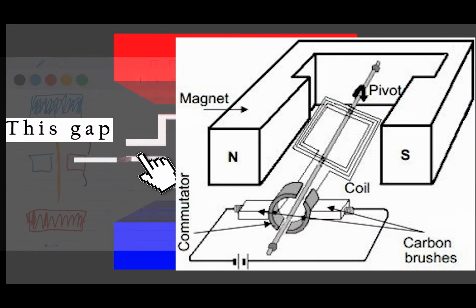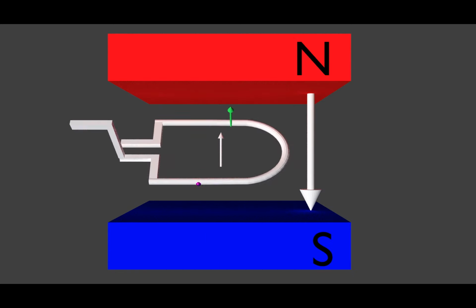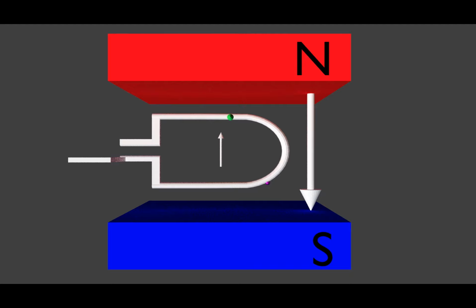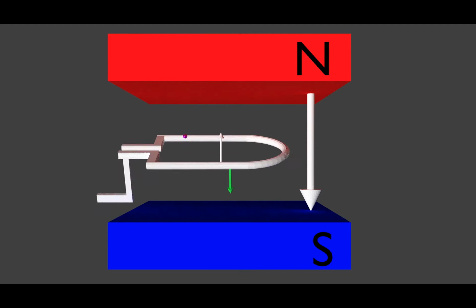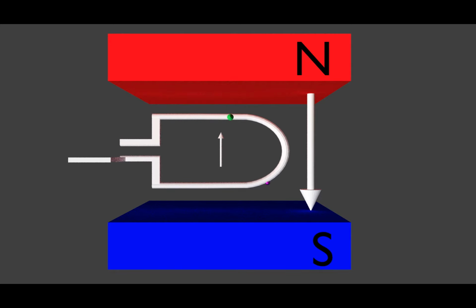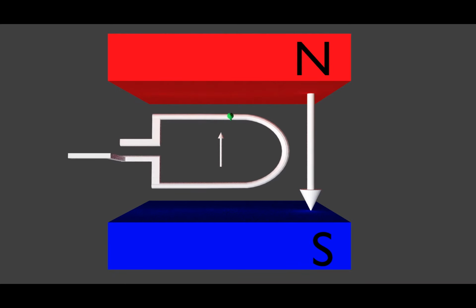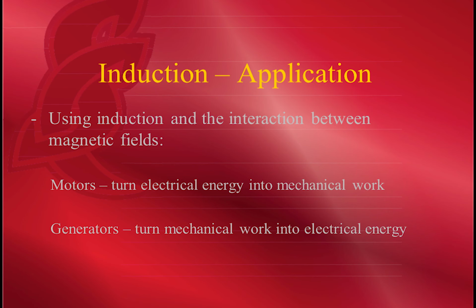So there will actually be some brushes where the wire will temporarily disconnect, and so you will have no current running through the wire, but momentum will carry the bar through its rotation until it connects again. But when it connects again, the current's reset to the correct direction to keep it spinning in a single direction. So this is basically how electricity is utilized to power an electric motor or to create electricity.